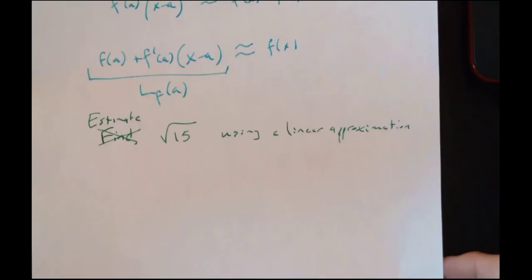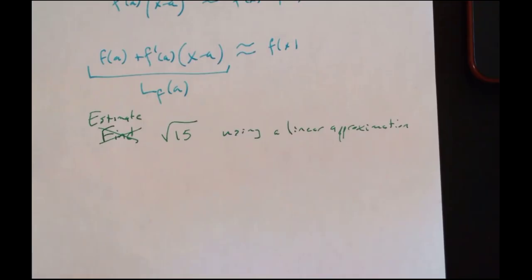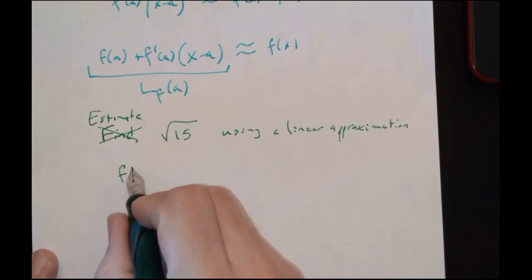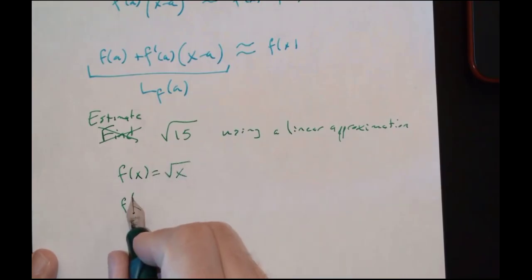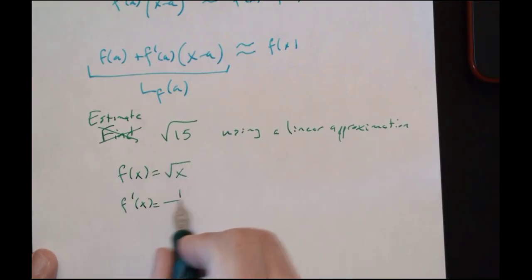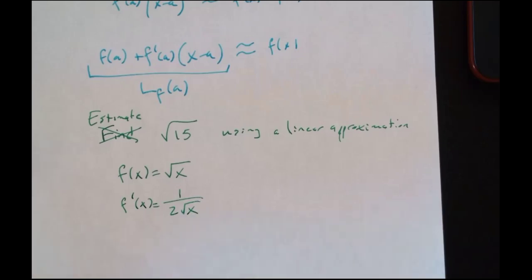Well, if I use the function the square root of x, just like we did before, I know the derivative of that. We already worked that out. What's a number near 15 whose square root I know? 16, and the square root of that.